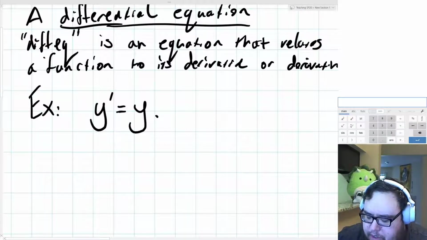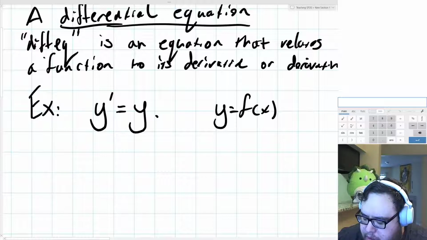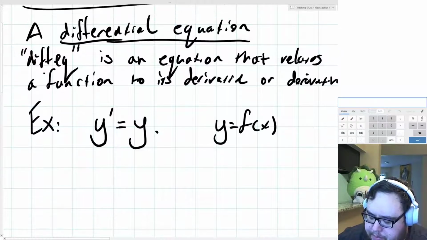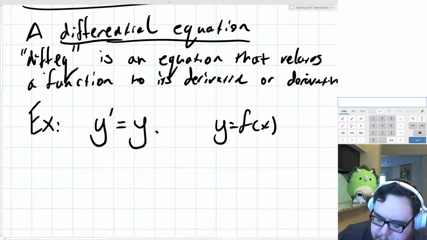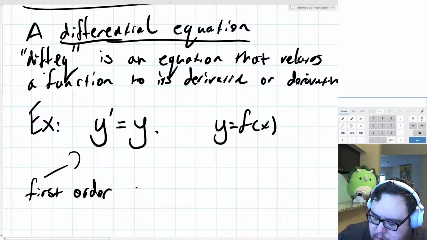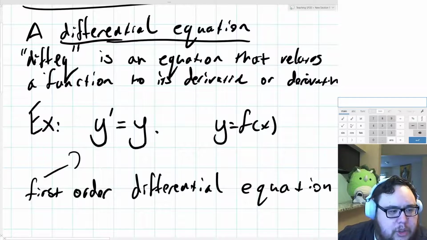It's looking for the function y. So y is a function of x. And we're looking for the function y as a function of x that is equal to its own derivative. This is what we would call a first order differential equation, because it only involves the first derivative.